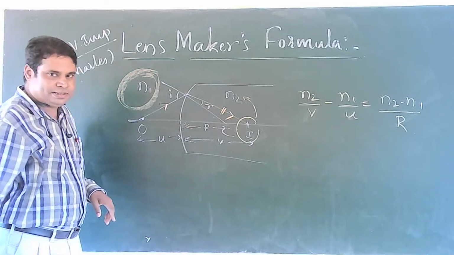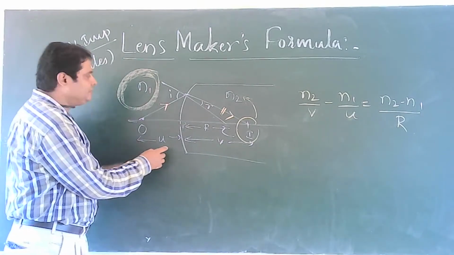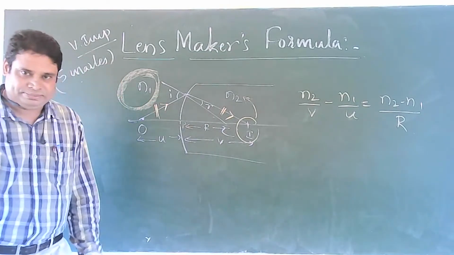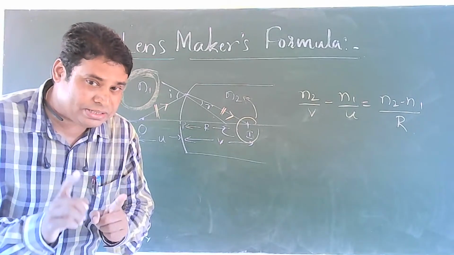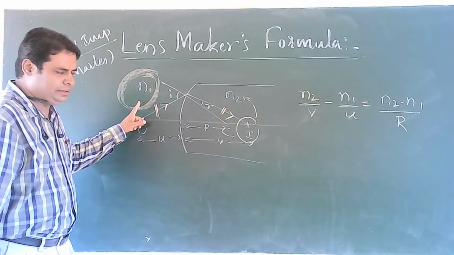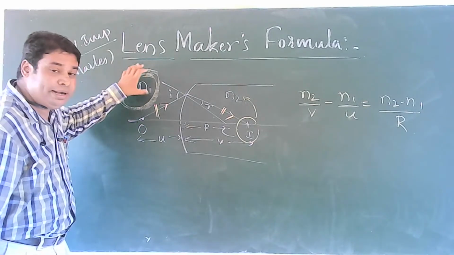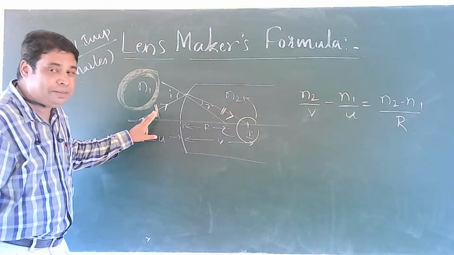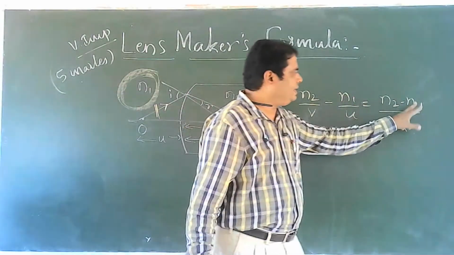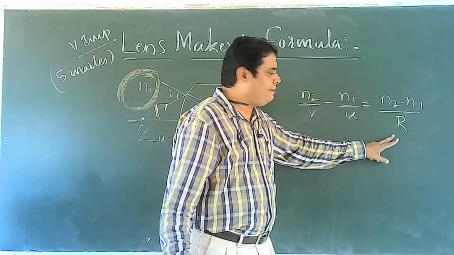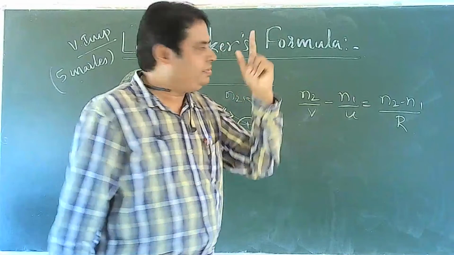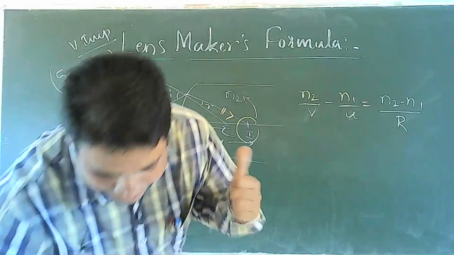Refractive index of object space divided by object distance, or the refractive index of the space where the incident ray is present, divided by object distance, is equal to the difference, n2 minus n1, divided by R. If you are very familiar with this equation, then we can solve this lens maker's formula very easily. How? Let us see.